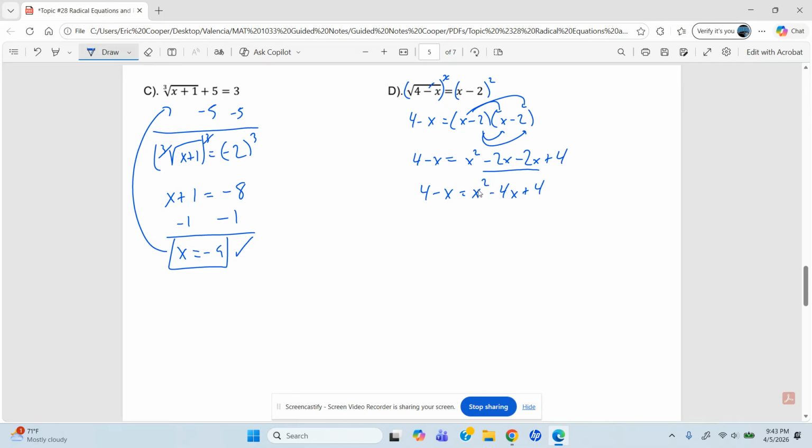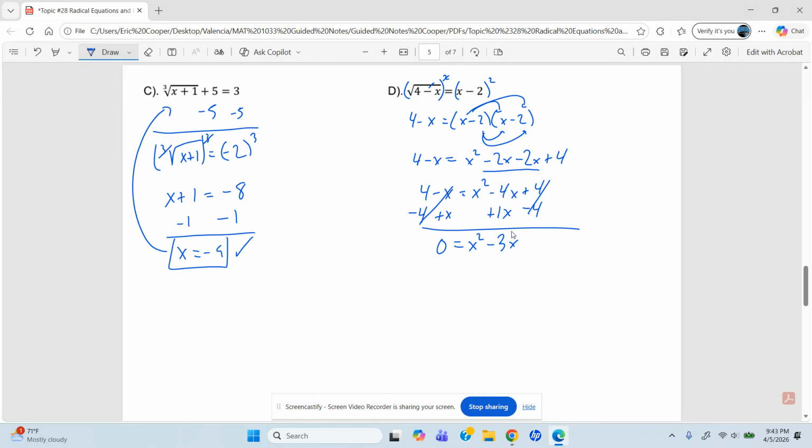Again, I see that it's squared, so I'm going to need to use some sort of factoring. So I'm going to subtract 4 from here, and I will add x to here to make this side 0. X squared minus 4x plus 1x is negative 3x, and the 4 minus 4 cancels.